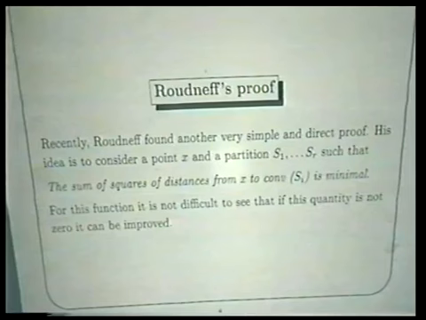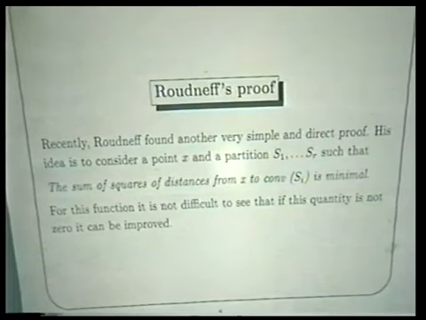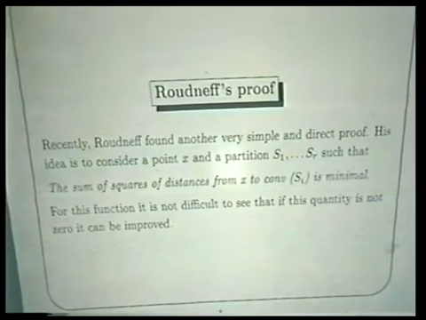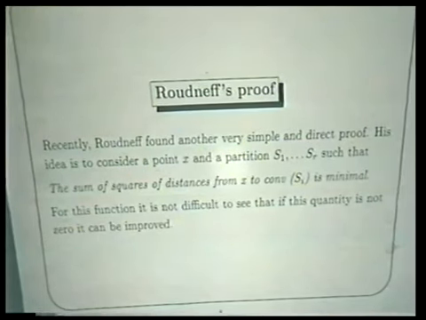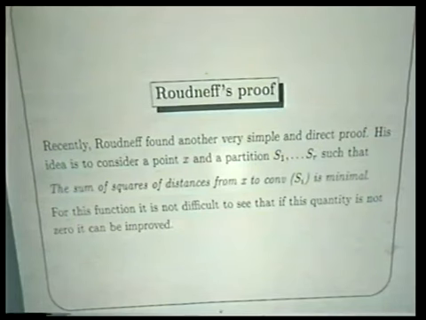His idea, which is not so different from other ideas that were used, but he used the right function, is to look directly at a point x and the partition S_1 up to S_r so that the sum of the squares of the distances from x to these convex hulls is minimal. And if you choose this function, somehow things simplify. Tverberg used a different function in some of his earlier proofs, but this function really does the job quite easily.